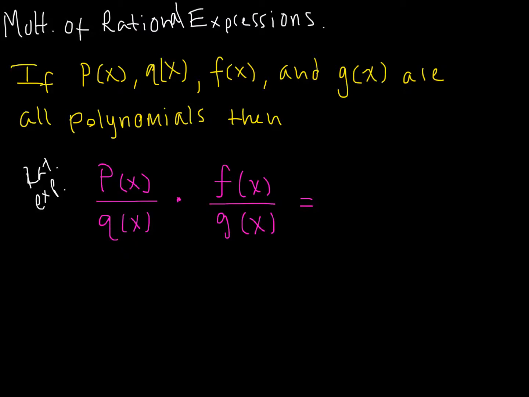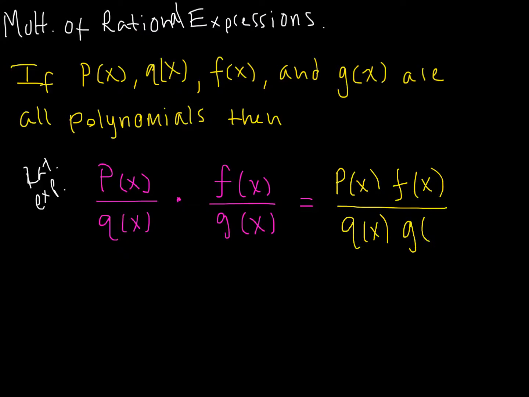So I will multiply p of x times f of x and divide it by q of x times g of x. Okay? So what I'm saying is if I have two rational expressions, when I multiply them, I simply am multiplying the numerators, taking the product of the numerators and the product of the denominators, and that's my new rational expression.